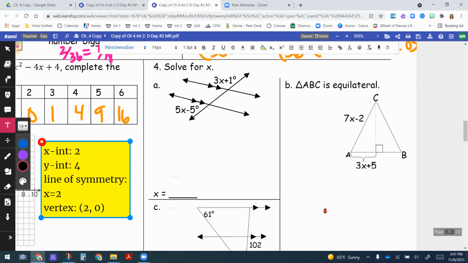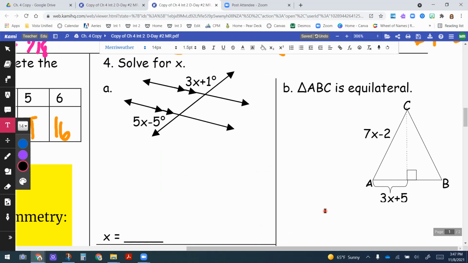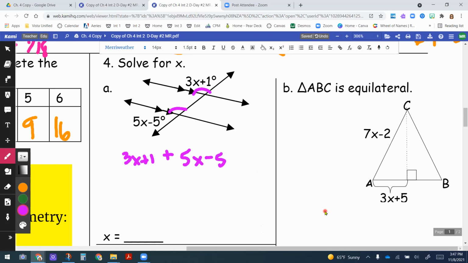On number 4, this angle here and this angle here would be the same. So what that means is my 3x plus 1 along with my 5x minus 5 together is going to make 180.